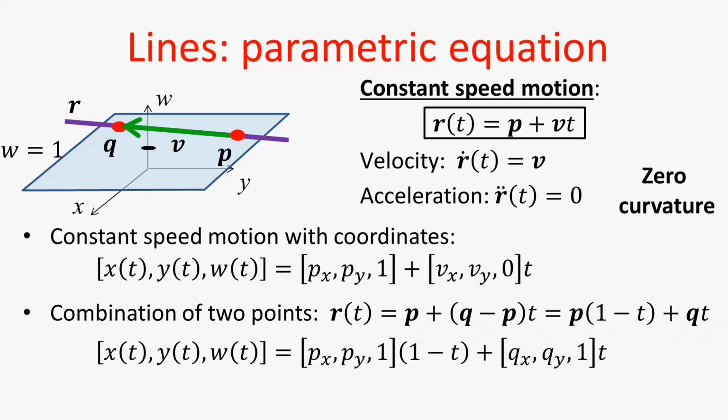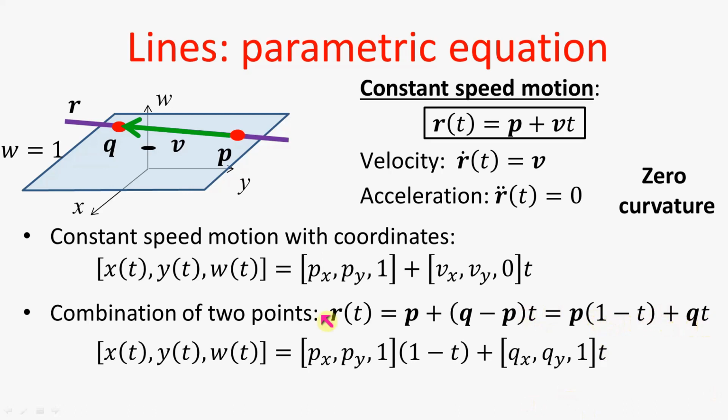By combination, we mean that we take points, multiply them with scalar values and add them up, and we expect the scalar values to result in 1 if they are added together. And this is exactly the case here, because 1 minus t plus t is always equal to 1.